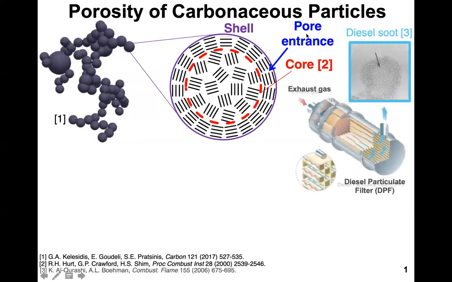For example, soot nanoparticles produced in diesel engines are deposited in particulate filters and oxidized at low temperature. This results in hollow soot nanoparticles with large surface area that can be quite toxic to our health.